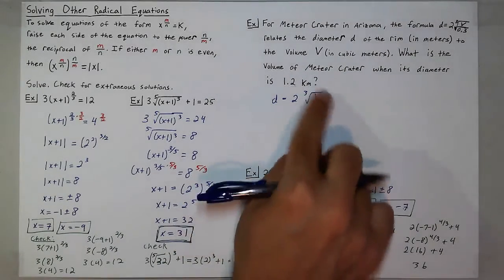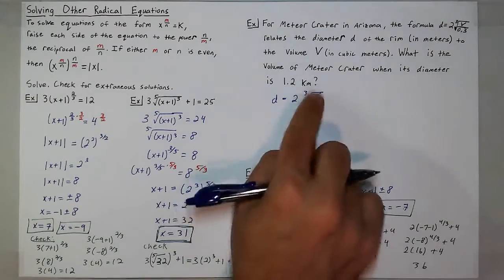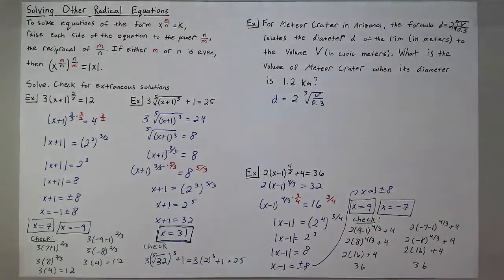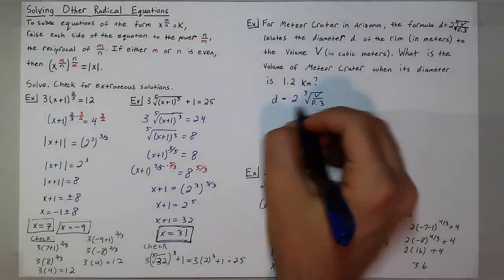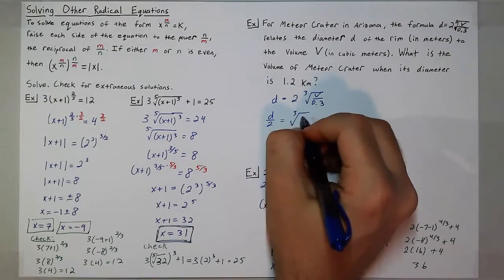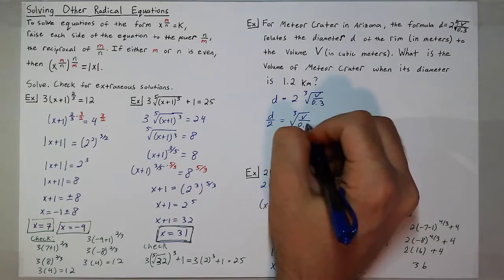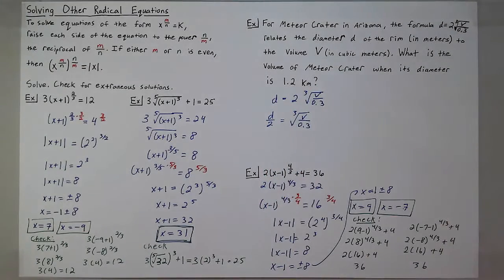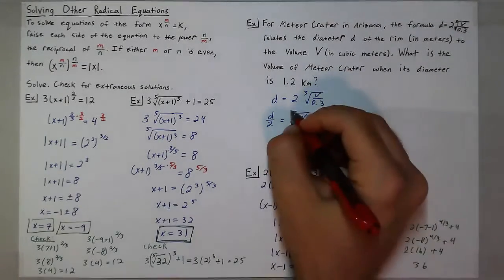So one thing I can do is solve this equation for V and get an equation for volume. So I will first divide each side by 2. And then to get rid of the cube root, I'm going to use its reciprocal power, 3, because that's 1/3.